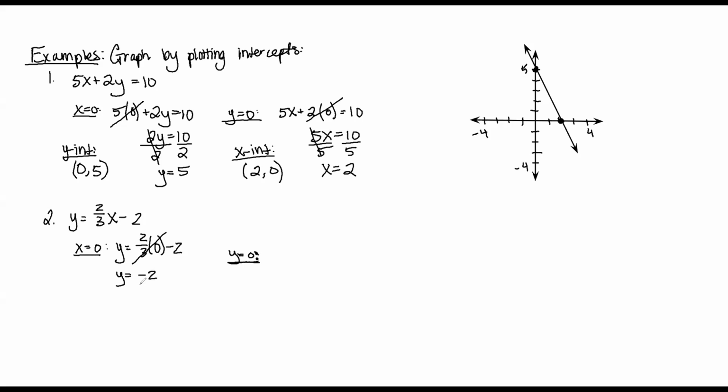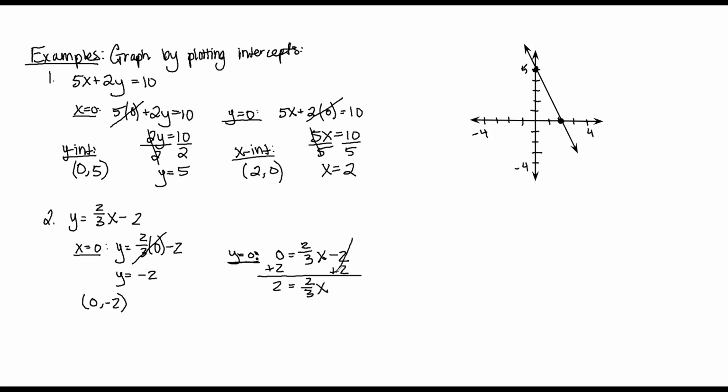And so now we're done solving. We have our y-intercept is the point 0, -2. And if we plug in y equals 0, we get 0 equals 2/3 x minus 2. A little bit uglier to solve. We need to get this x by itself, so I'll add 2 to both sides. So we get 2 equals 2/3 x.